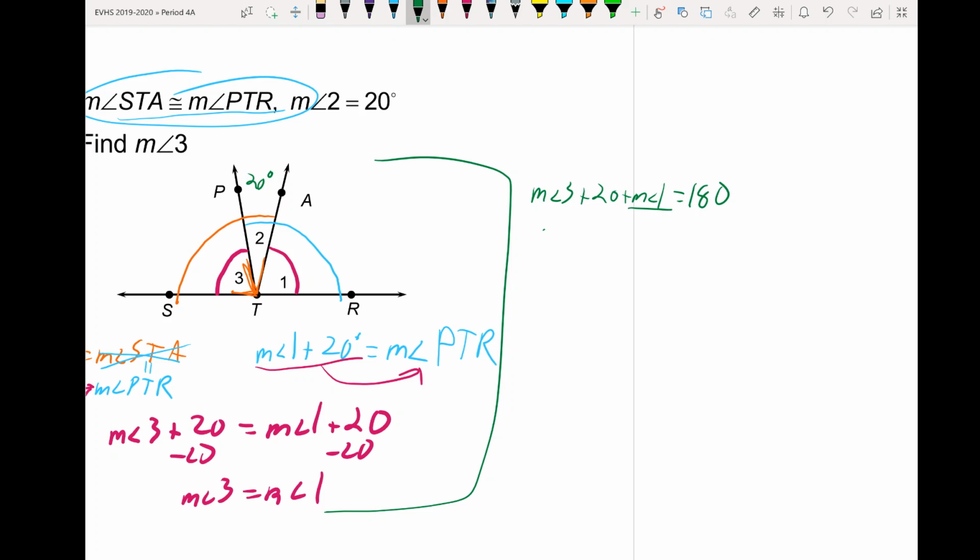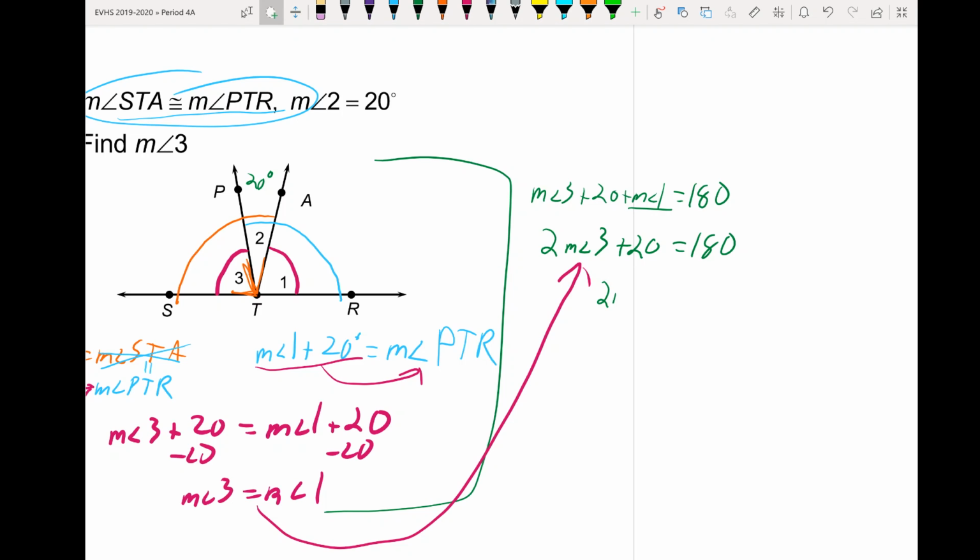Therefore, 2 times the measure of angle 3 plus 20 equals 180. Okay? I did that substitution in to get this. Subtract 20. 2 times the measure of angle 3 equals 160. Divide by 2, and that gives you measure of angle 3 equals 80 degrees.